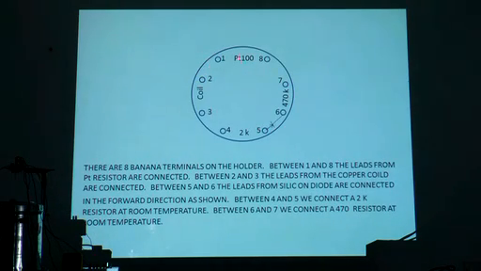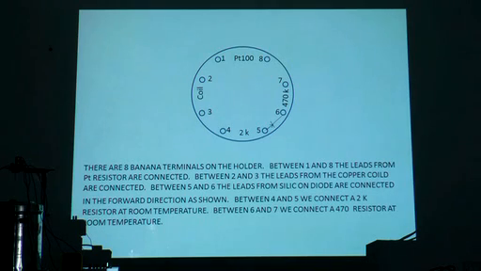Between 1 and 8 is the platinum 100 thermometer, which is connected to the temperature indicator. Between 2 and 3 is the copper coil, that is connected to a constant current source.